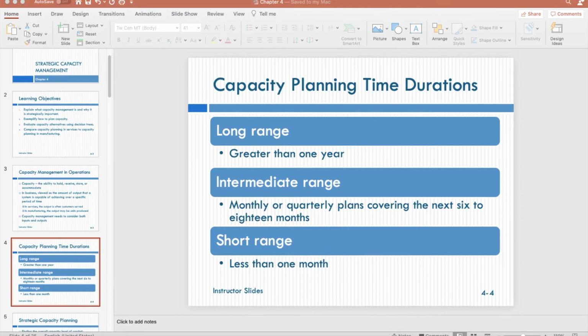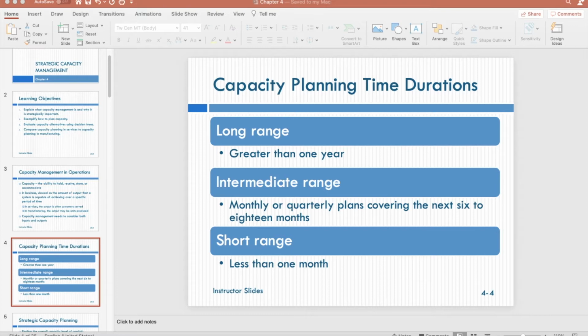As you can see, we easily separate capacity planning into three main categories in terms of time duration. Of course, no matter the manufacturing type of firm or the service type of firm, capacity planning itself is quite frequent during the whole procedure.